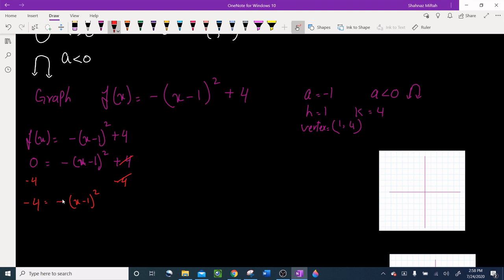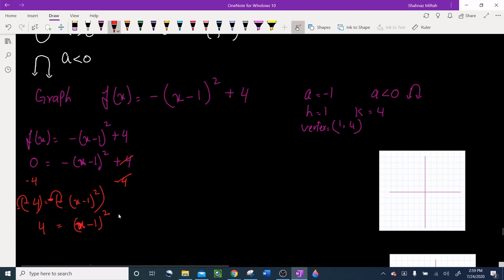But first I have to get rid of this negative, so I multiply both sides by negative. Then I get positive 4 equal to (x - 1)². The negatives turn positive.